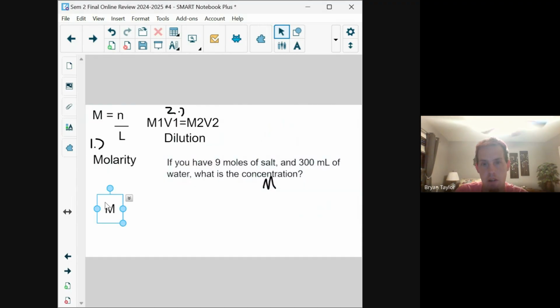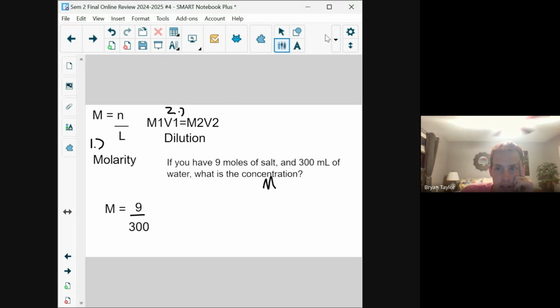So molarity equals, we have 9 at the top, okay, 300 at the bottom. What's wrong? I did something wrong.